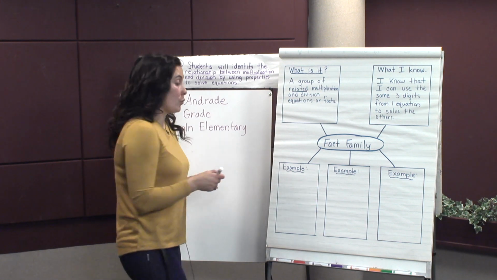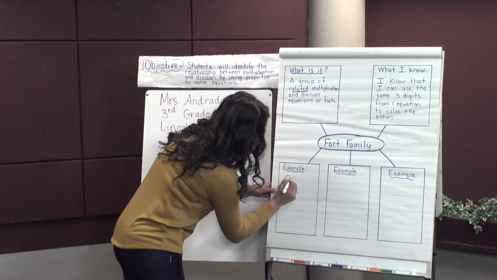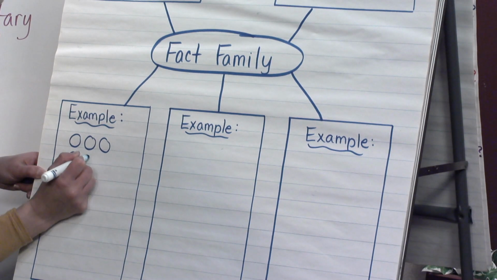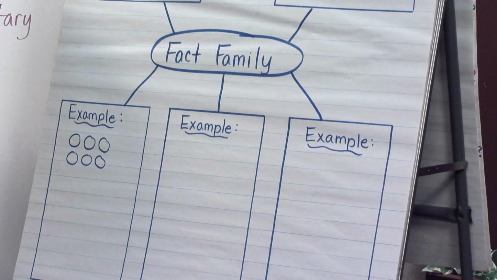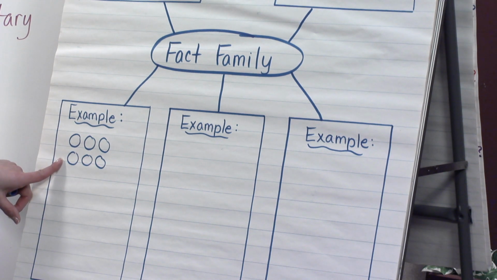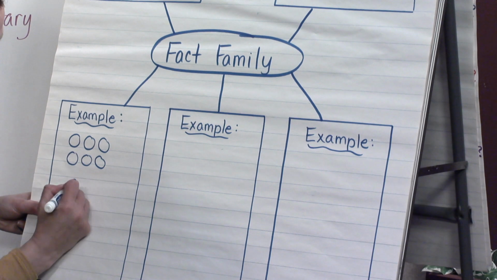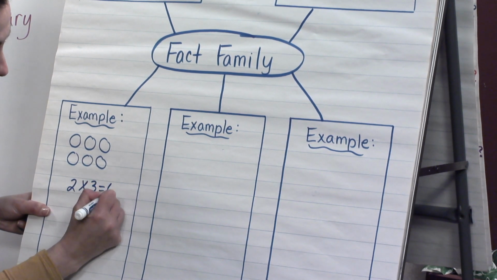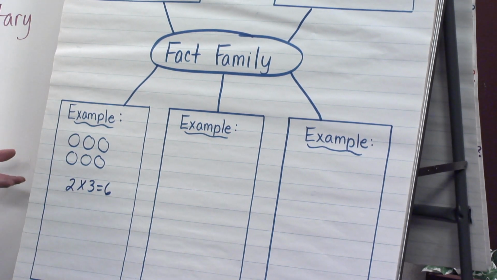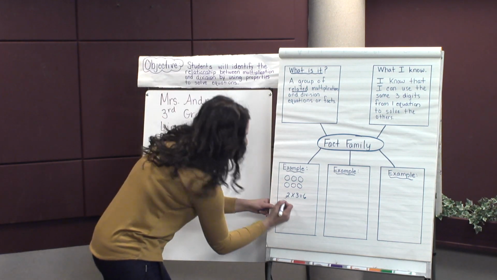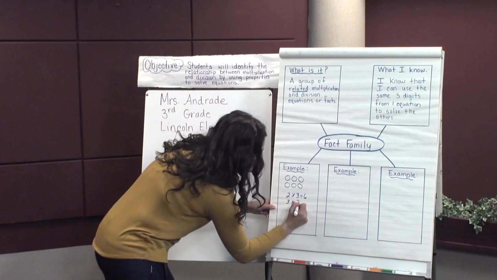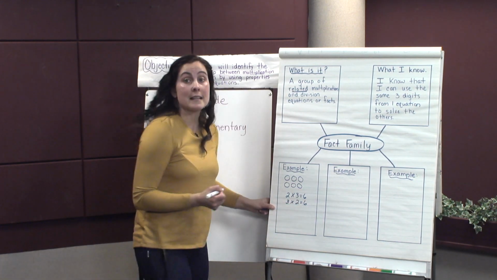If I'm given an array, if I'm given this array, can you write a fact family for that? Sure we can. There are 2 going down, 2 rows, 3 columns. So that would represent 2 times 3 equals 6. I learned the commutative property, I can switch it. 3 times 2 will also equal 6.